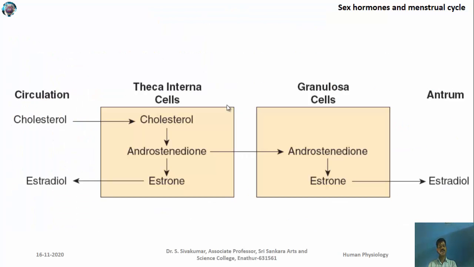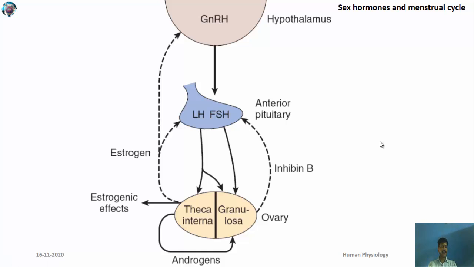Estrogen is usually produced from cholesterol. In the theca interna cells, androgens are formed and converted into estradiol and sent to circulation. Similarly, when androstenedione goes to the granulosa cell, it is converted into estrone and then into estradiol, and it reaches the antrum region. This is how the synthesis of estrogen occurs.